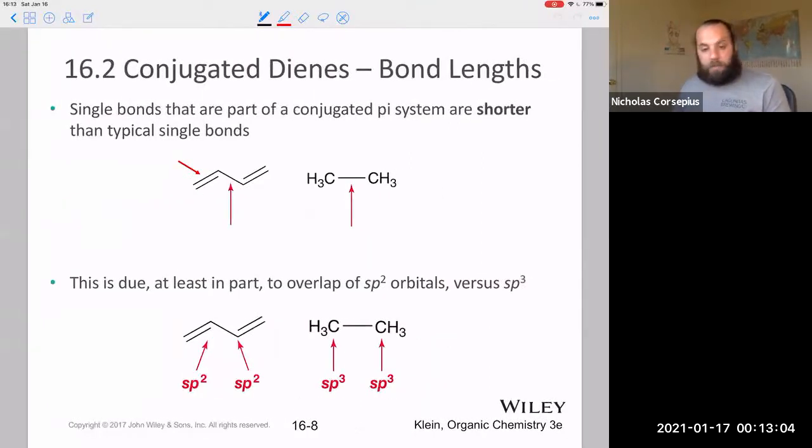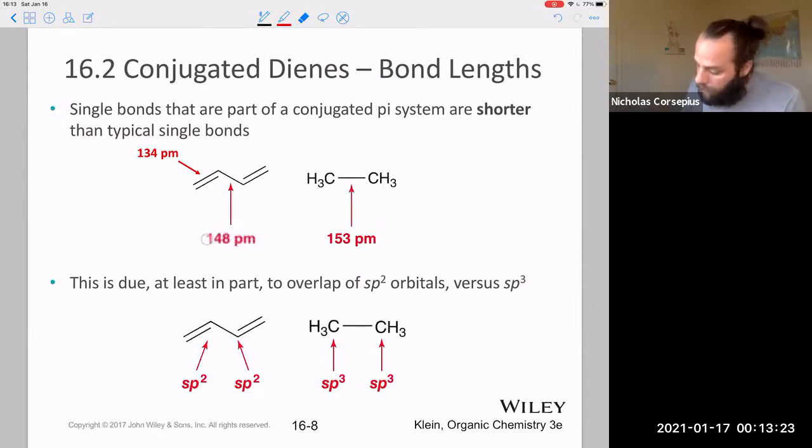All right, now talking about bond length. We learned long ago that a double bond is going to be smaller than a single bond, right? There's more electrons being shared. They're also stronger. They require more energy to break. However, it's also true that a single bond in a conjugated pi system is actually shorter than a single bond in just a regular old alkane.